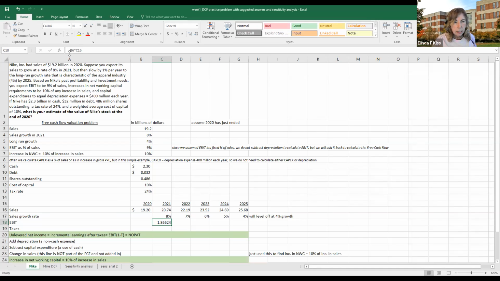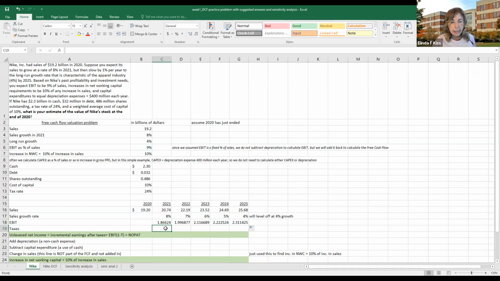Now, because I'm going to use that 9% all the time, I will make that a constant by putting a dollar sign in front of the B and after the B. Then what I can do is use the fill handle, that little square here, to drag across and get every single earnings before interest and taxes.